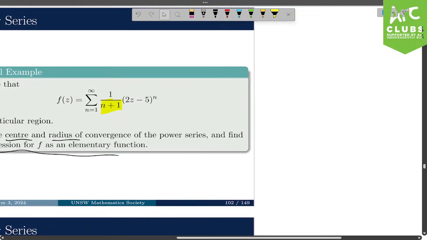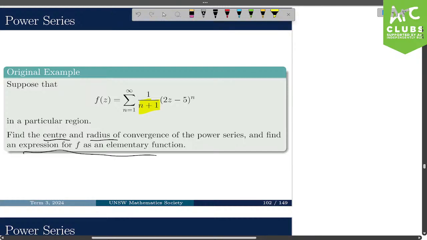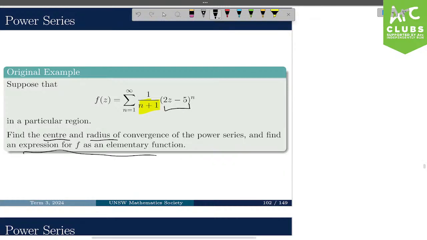Anyways, back to the point. We're going to do this. For the center, we can define it as, okay, when is this thing 0? We get 5 on 2. Fantastic. And then we want to find the radius. Ratio test. We see a sneaky 2 here, so we've got to be a little careful there.